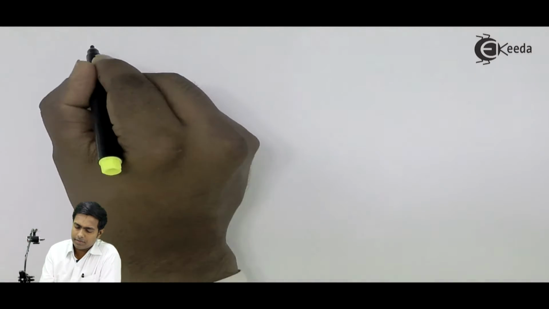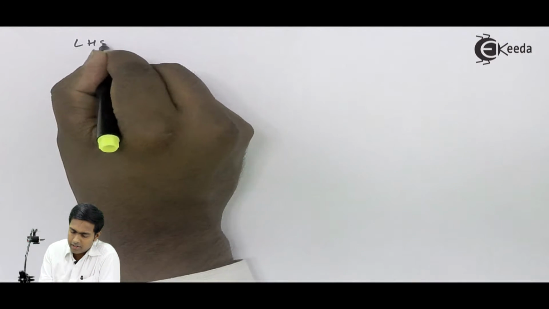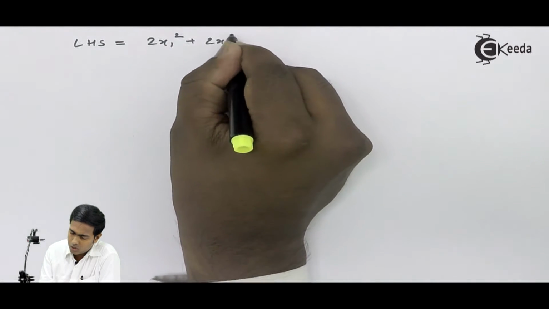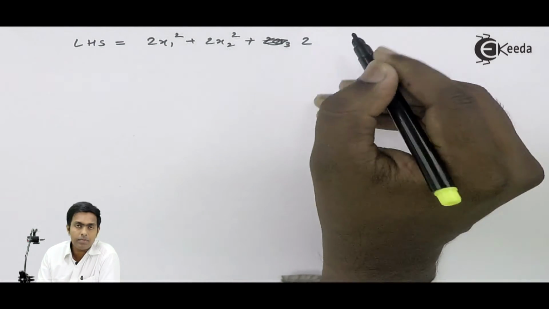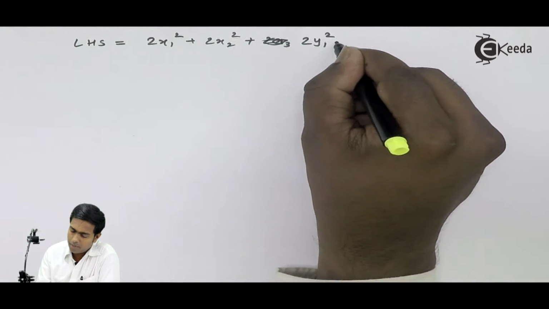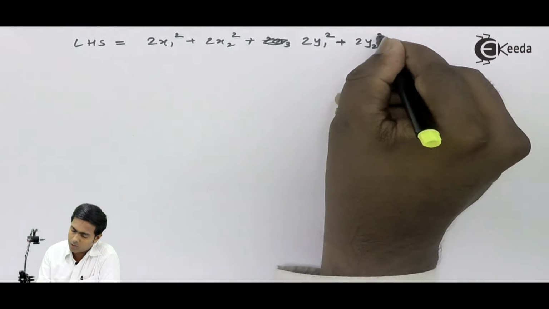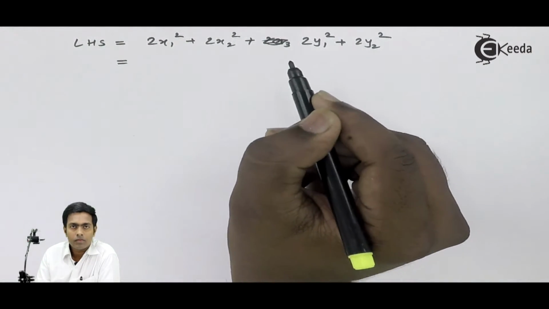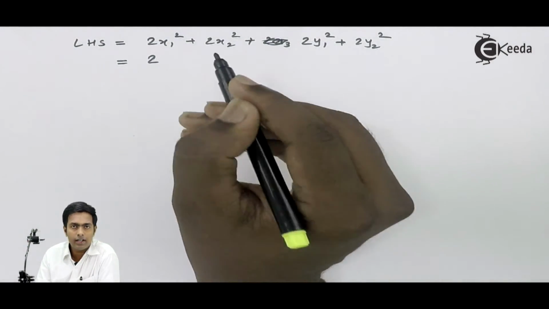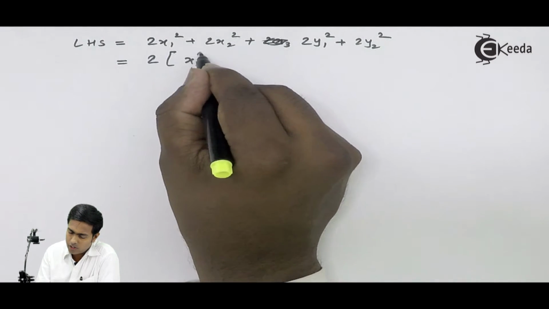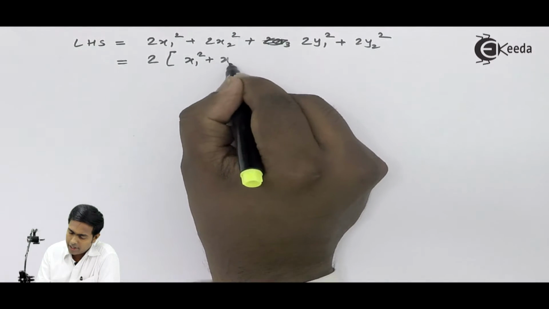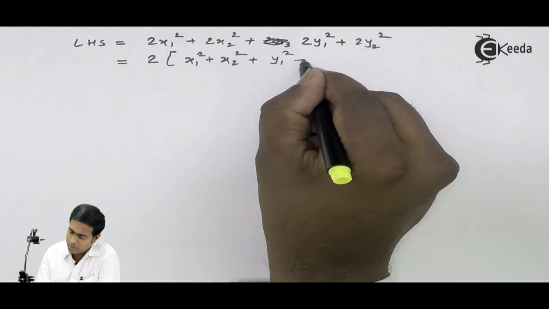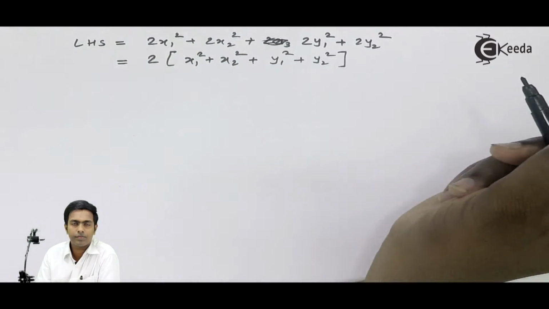So we will get LHS is equivalent to 2 times x1 square plus 2 times x2 square plus 2 times y1 square plus 2 times y2 square. So we can take 2 outside, and inside the bracket x1 square plus x2 square will remain, plus y1 square plus y2 square will remain.